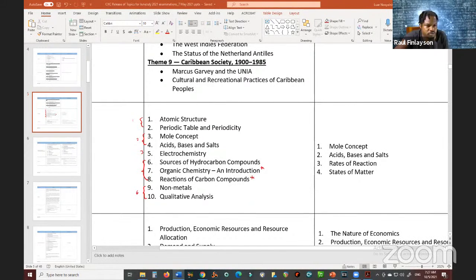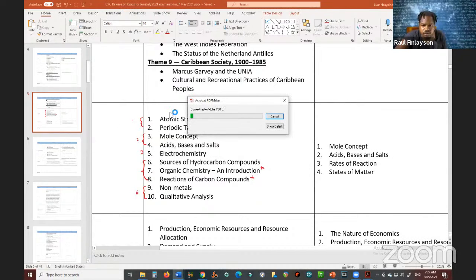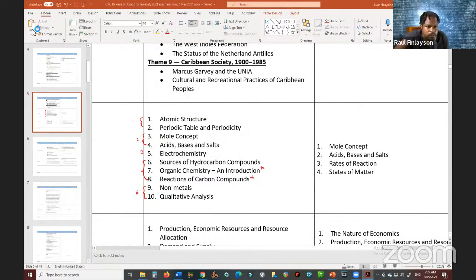I don't know this one. No need to edit this. All right, I can just send it as is, and let me just save it as PDF. And chemistry. All right, in a few seconds, it should be in the group.